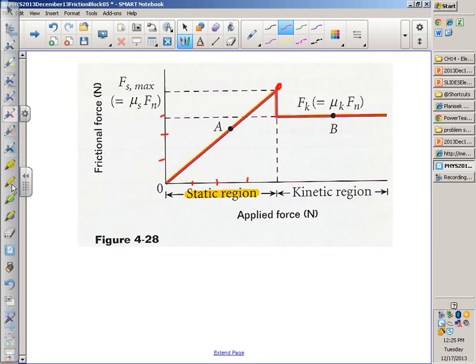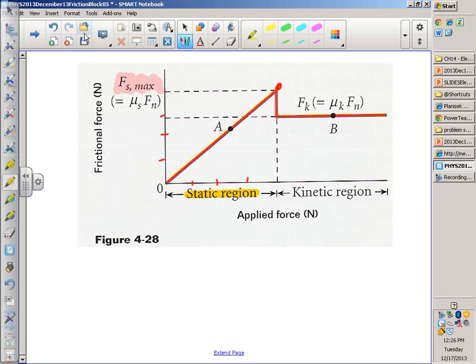As you can see on the y-axis, this is labeled Fs max. Why is that an important value that we have to know? Because that's when it changes, the force that it takes to get it moved. That's the greatest force that friction can apply while it's standing still, right?